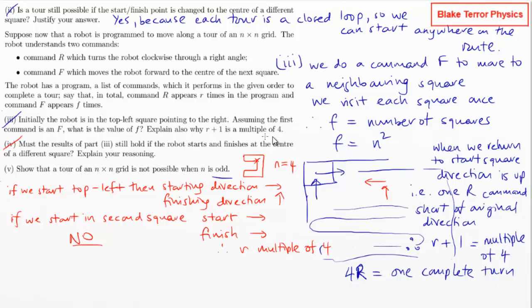We know that we've got to do n squared moves. That's something that we've worked out. So that is f moves, our f is n squared. And it's odd, so we've got an odd number squared. Therefore we can say that little f is odd.